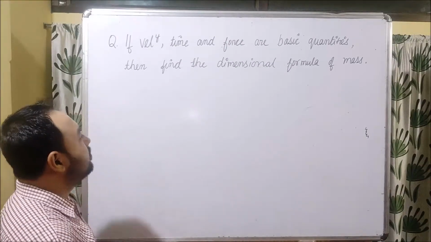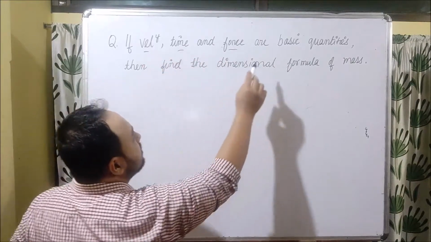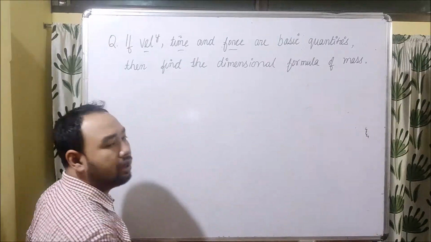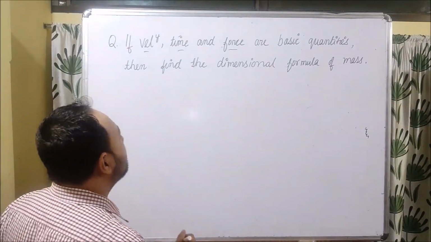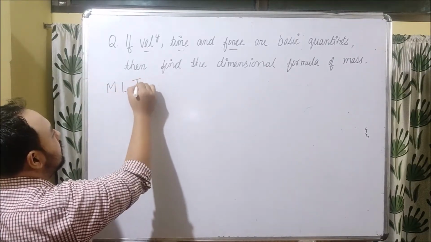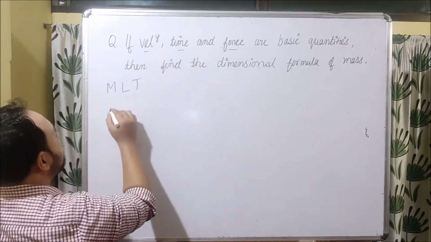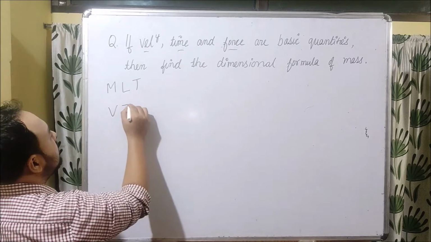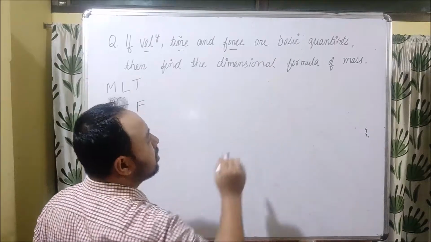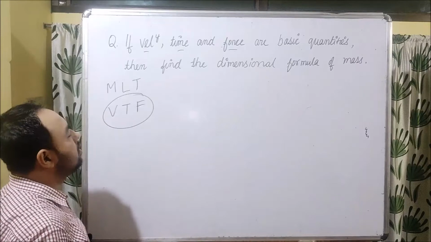The next question which is given is that velocity, time and force, these are the basic quantities. Then we have to find the dimensional formula for mass. Remember, earlier the basic quantities were mass, length and time. So now the basic quantities for this question have become velocity, time and force. So we are going to find out the dimensional formula of mass based on velocity, time and force.